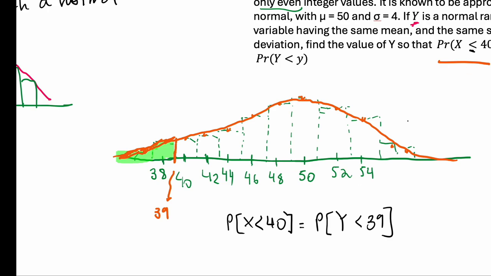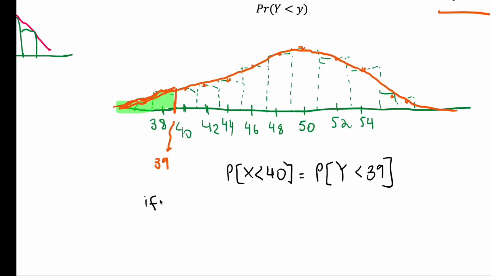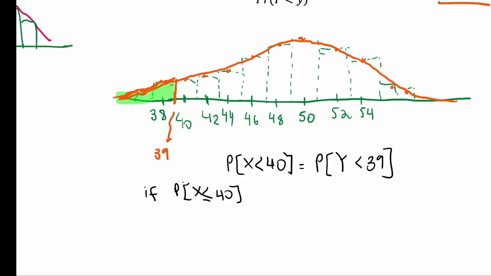Now, what would change if I had asked you this? Equal to 40. Well, so if the question was this, what would change? Well, you would do the mock histogram, and in green, you would be selecting the 40th bin.